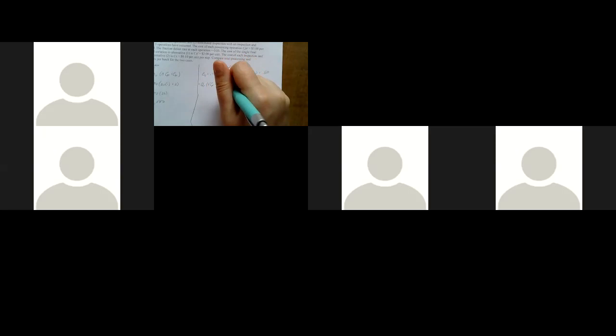Then we're going to add that to Q naught times 1 minus the defect rate to the 5th, because we're going to go every 5 stations, and we're going to multiply that by 5 times the cost of processing, because we're going every 5 stations, plus that cost of inspection every 5 stations.